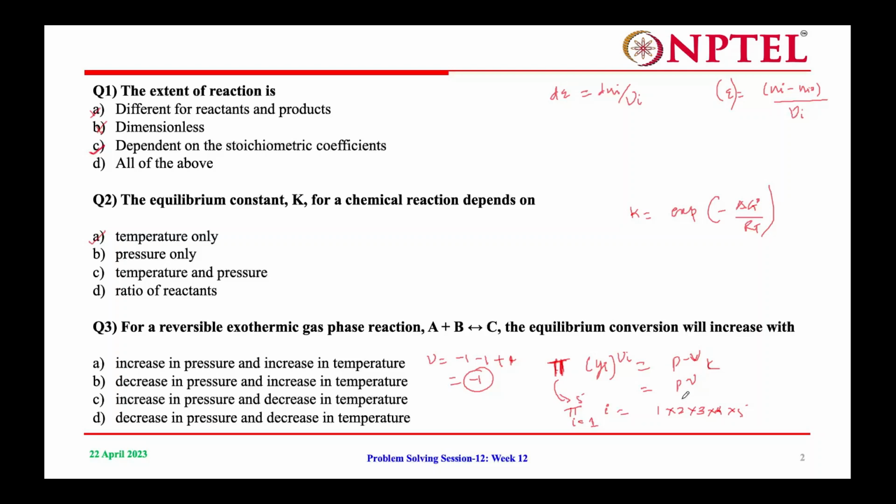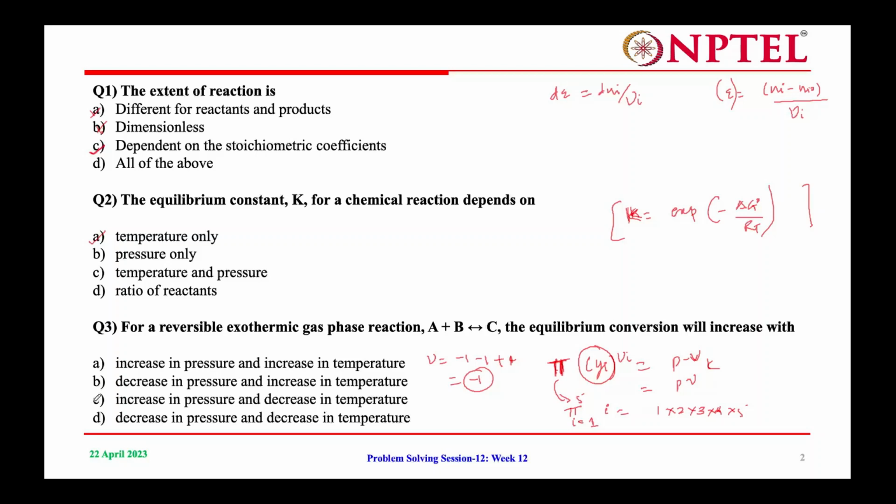So it means the pressure is increased, right? And the temperature is decreased, so here the equilibrium conversion will increase.